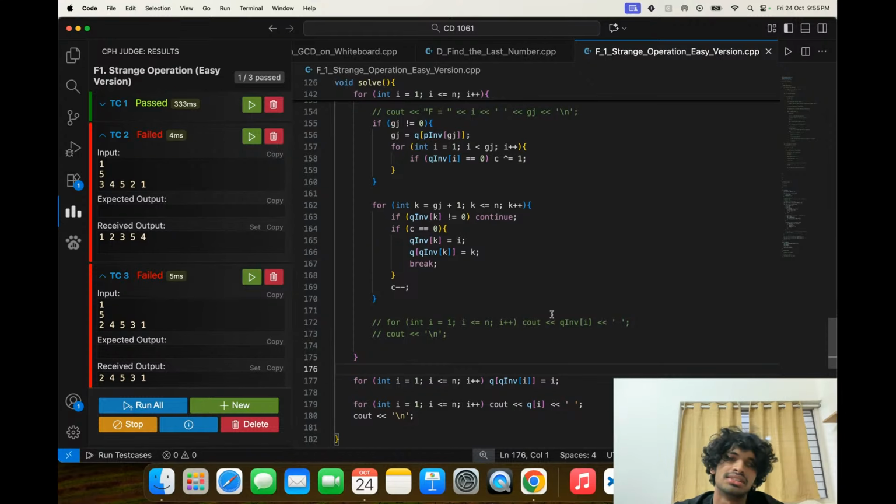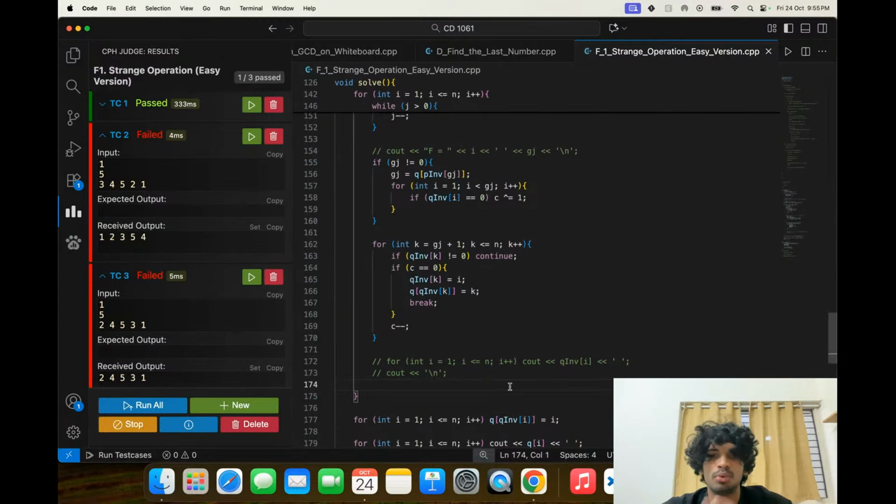It's probably much easier. It's just moving things forward.